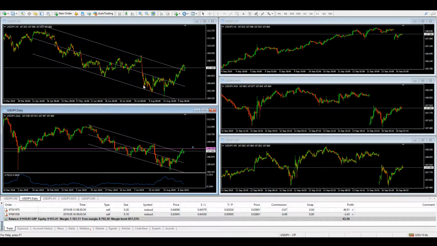And USDJPY, well, obviously short based on the daily. These lower lows, lower highs, price in an overbought area. Some nice signs of bearishness on these lower time frames, or at least the beginnings of it.